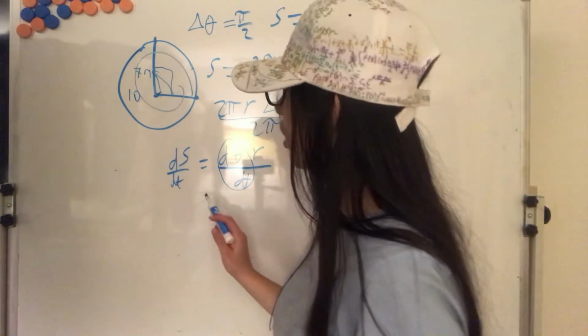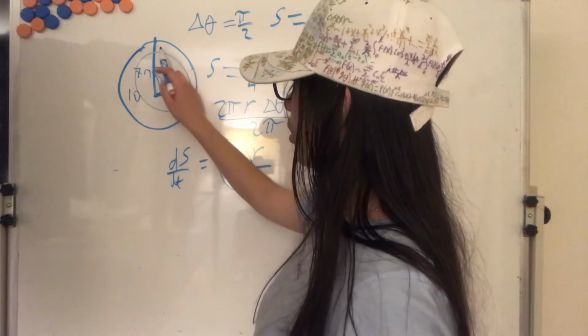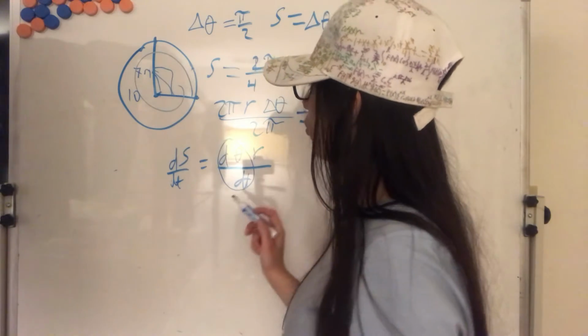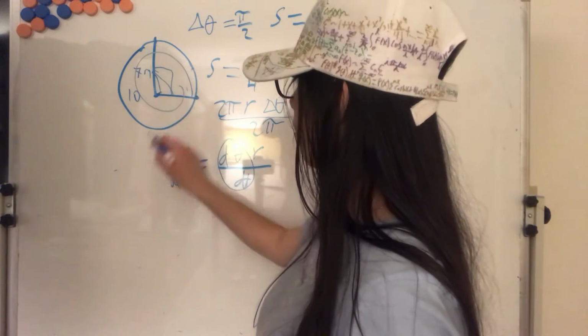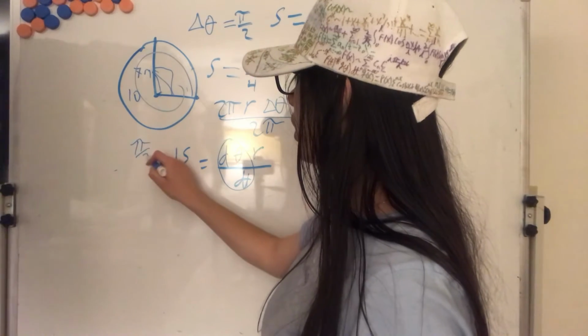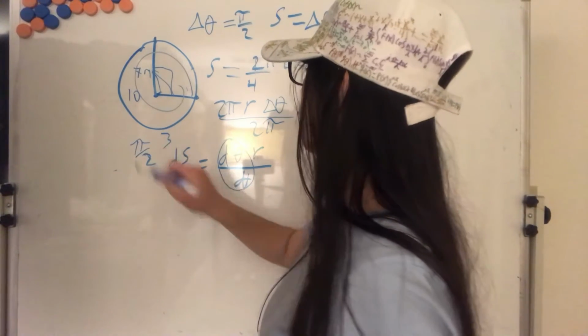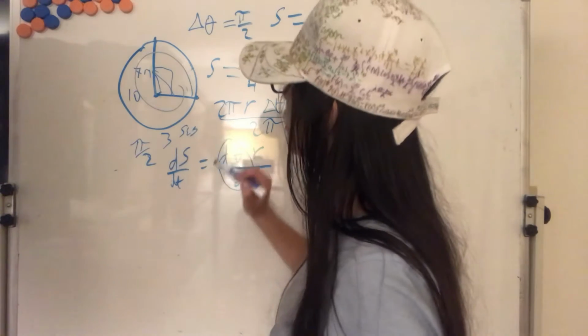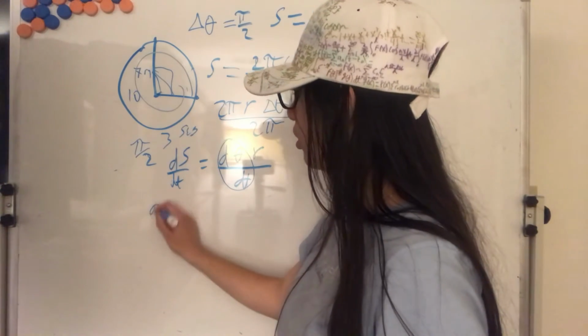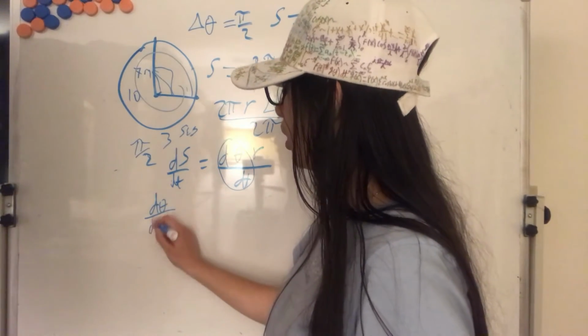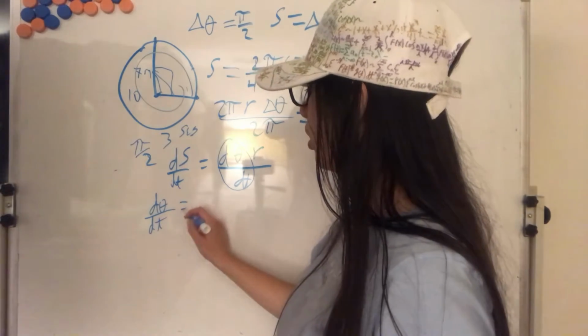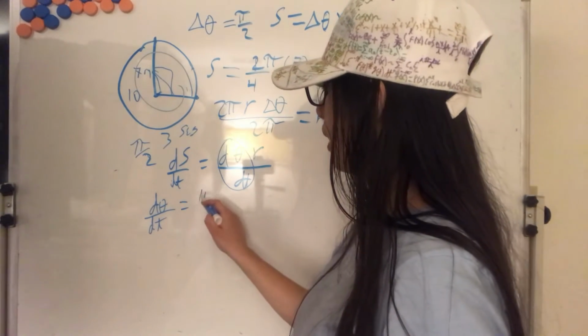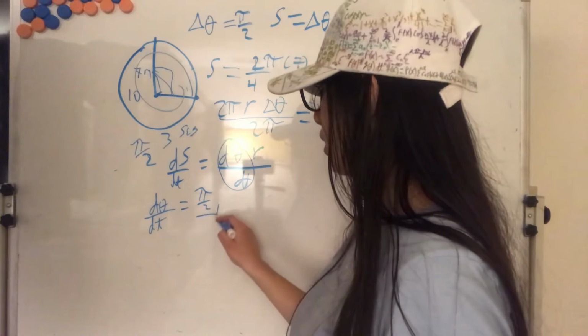Let's say that this particle does this pi over 2 in 3 seconds, for example. So that means that the angular velocity, the d theta on dt, is pi over 2 over 3 seconds.